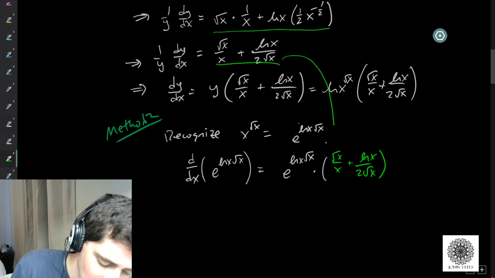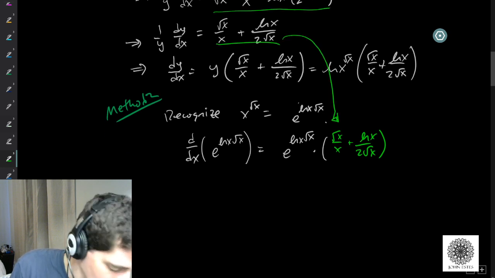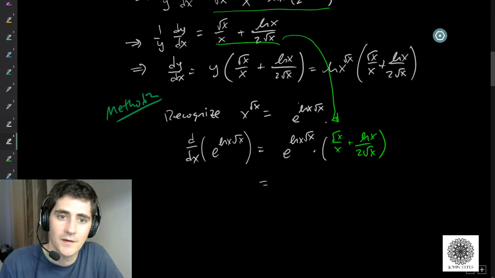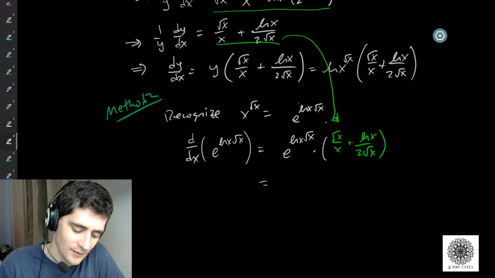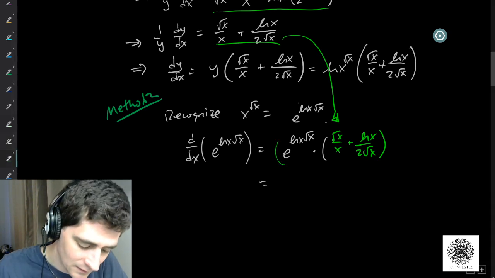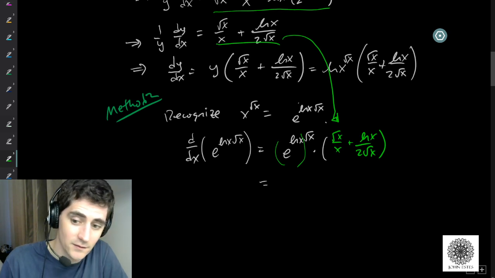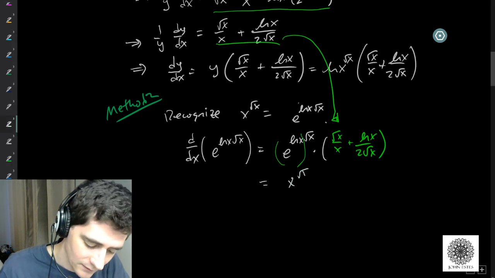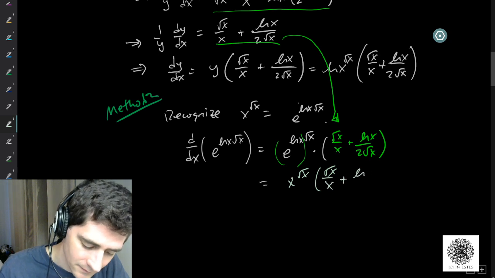Okay? And remember that e to the ln x root x power, let me put some parentheses in here, is e to the ln x raised to the square root of x power, and e to the ln x is x, times all this stuff.